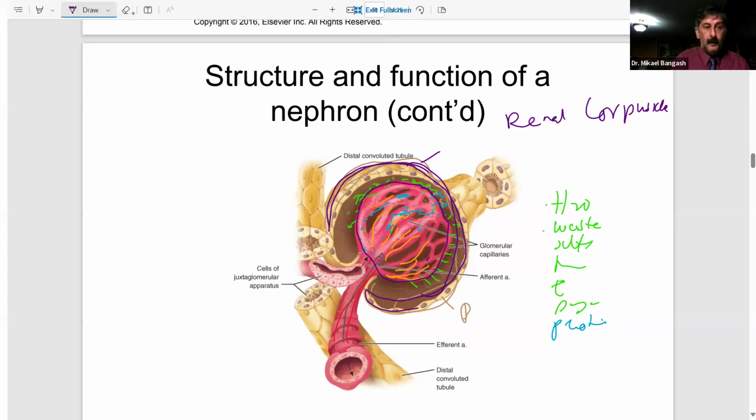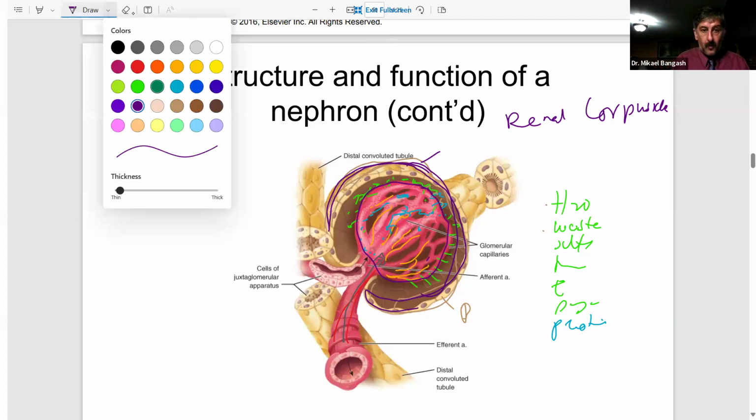But what we mainly can say is, what didn't get filtered out from the blood. Most likely, you don't want red blood cells to pass the glomerulus and become a part of the filtrate.